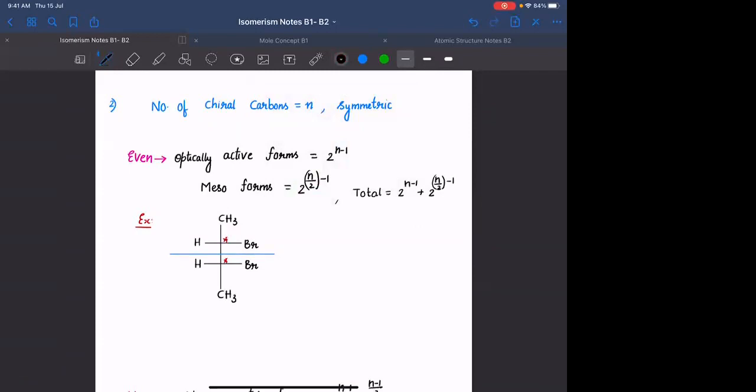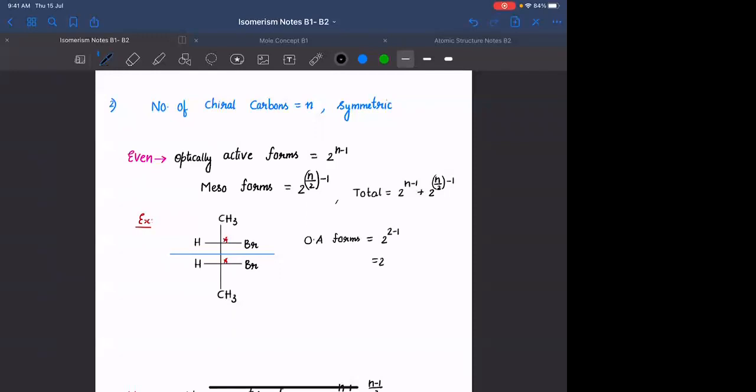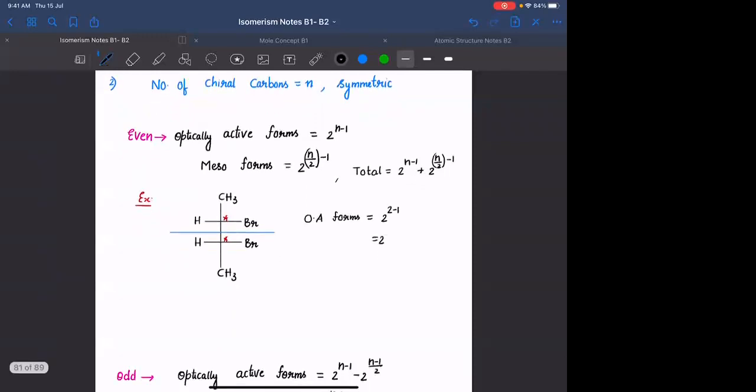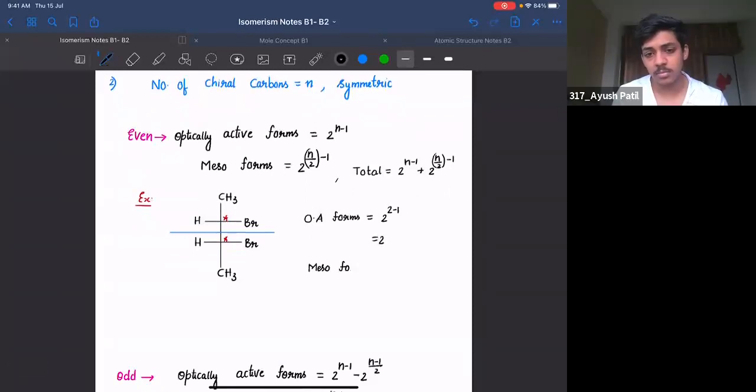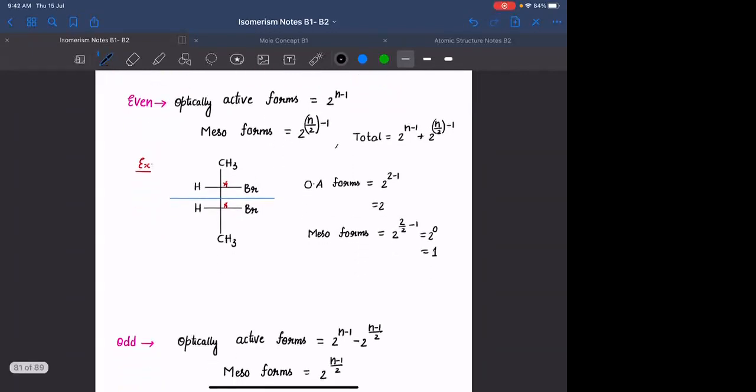Let us apply the formula first. How many optically active forms will there be? 2 power 2 minus 1, which equals 2. Okay, meso forms: 1. 2 power 2 by 2 minus 1, which is equal to 2 power 0. 1. Anything power 0 is 1. Okay, let us identify them.